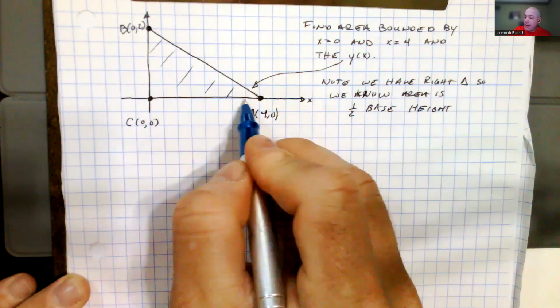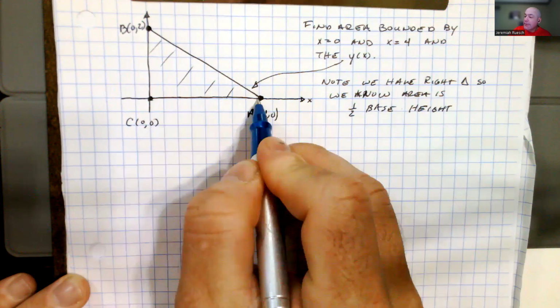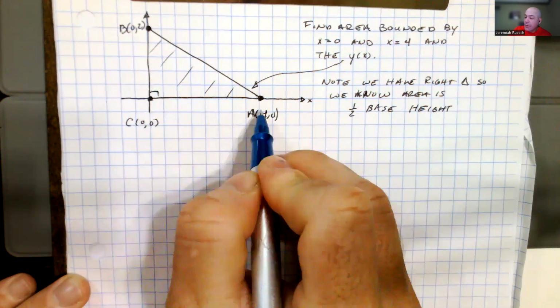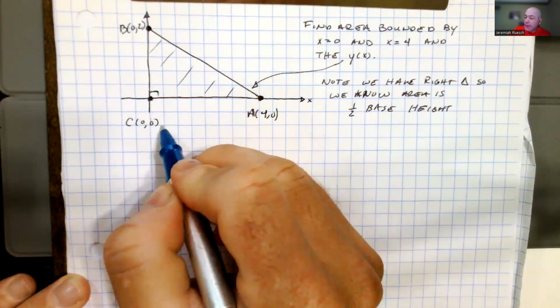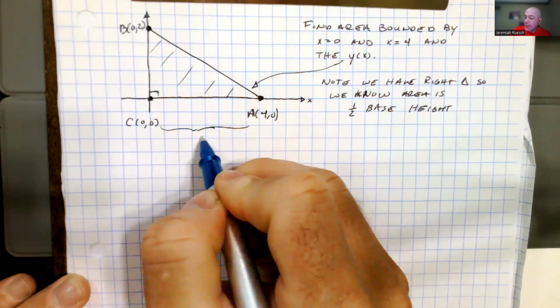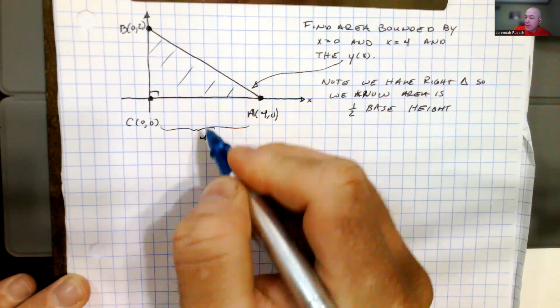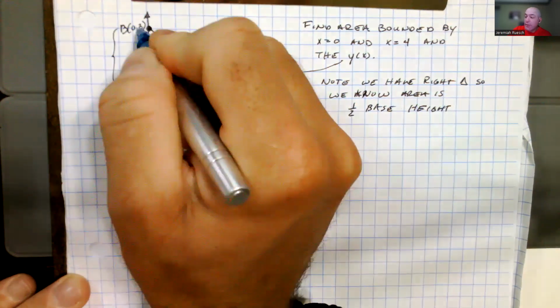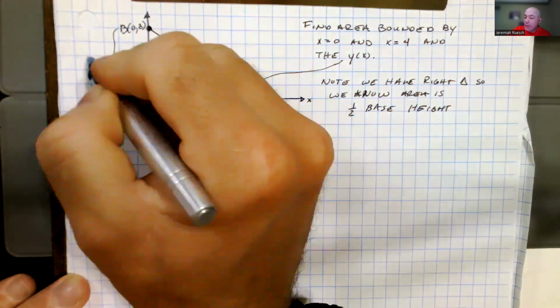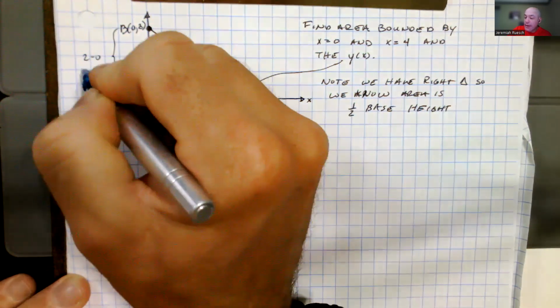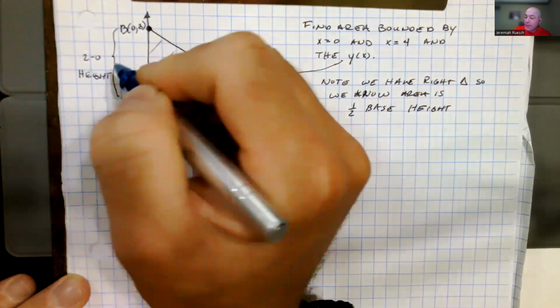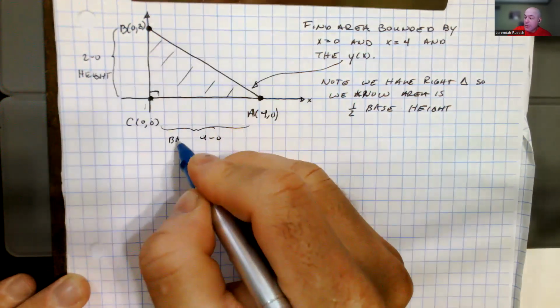And you'll notice here that the height is the length of this dimension here. Here's my right angle. And so 4 minus 0 is this length. And this height, we do the same calculation looking at the y components, it's 2 minus 0.